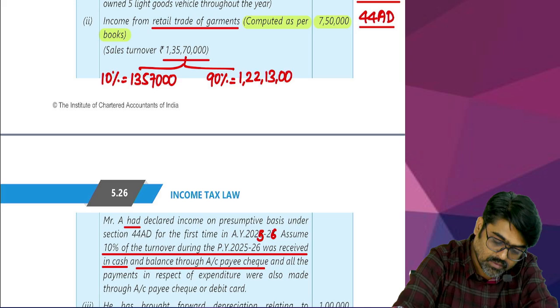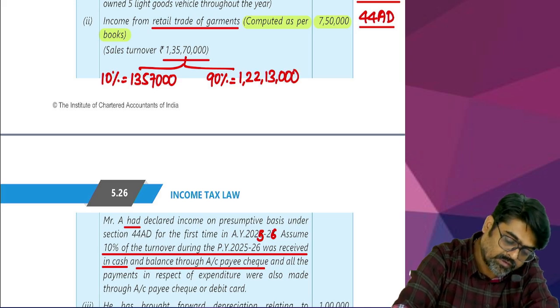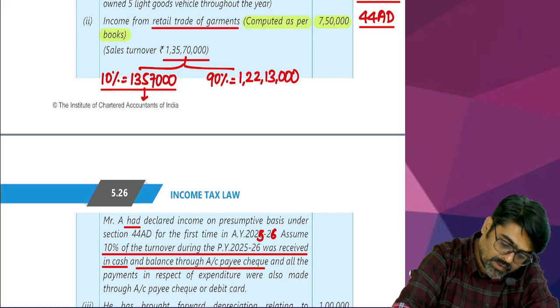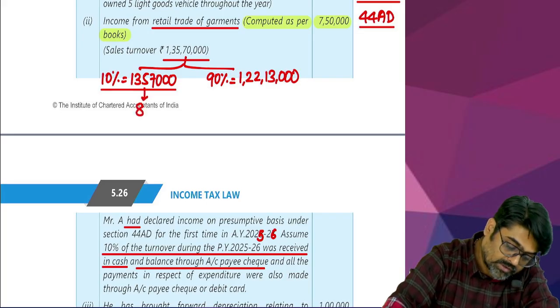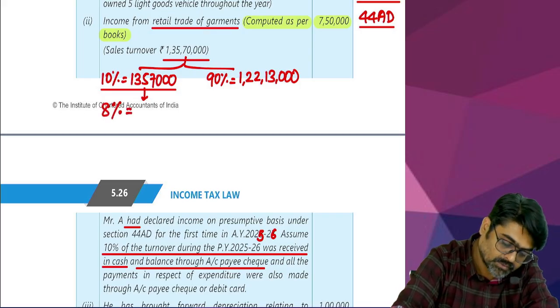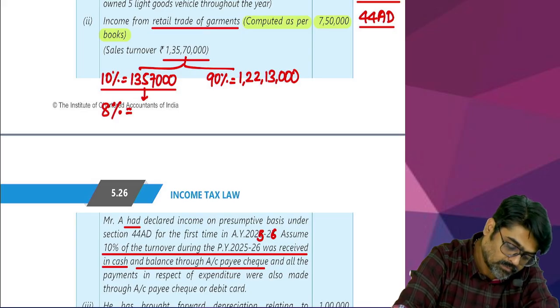13,000. So for the turnover which you have received in this year in cash, you cannot show 6%. For that turnover you have to show 8%. How much is 8% of this amount? 1,08,000.